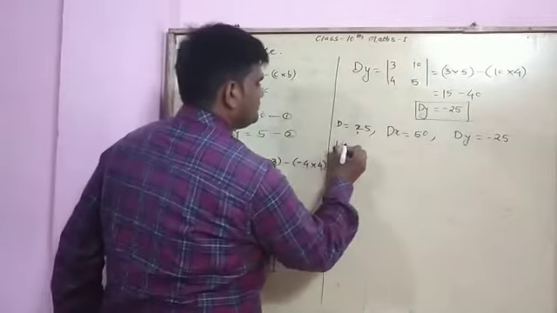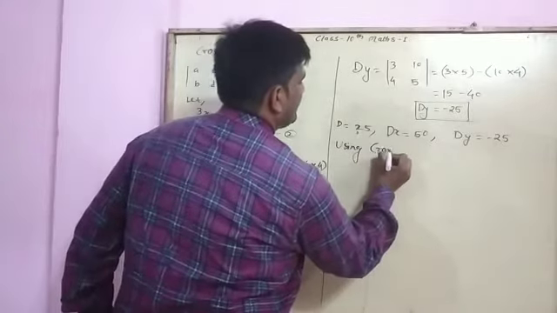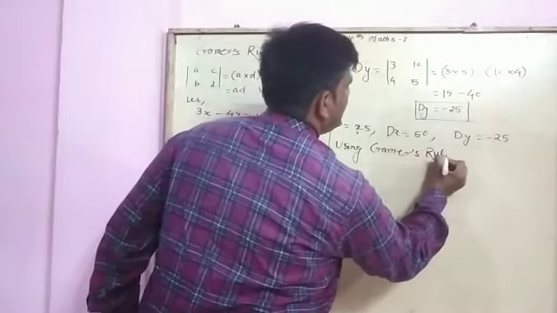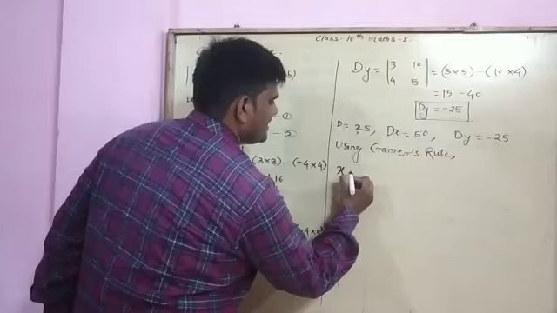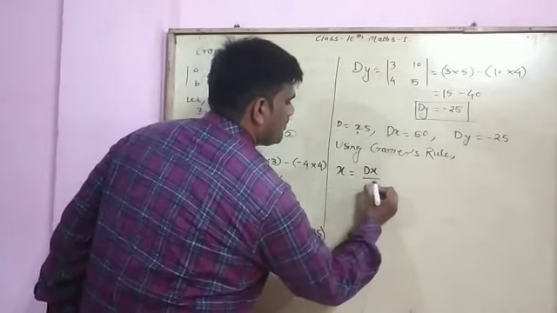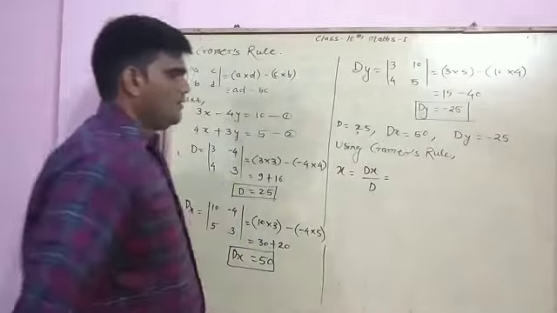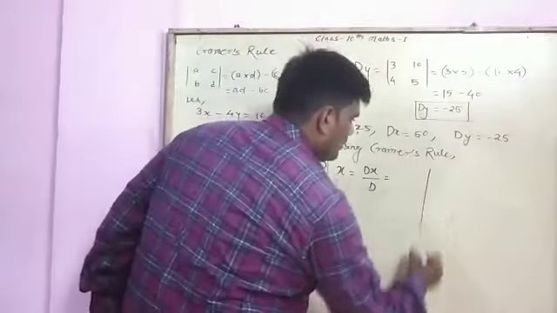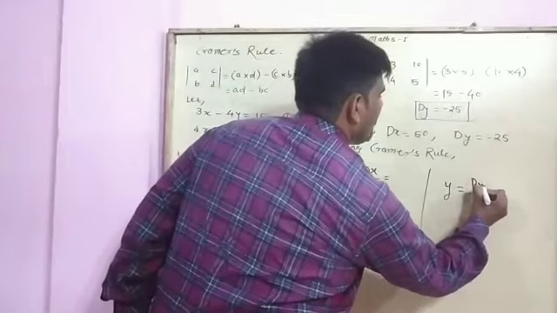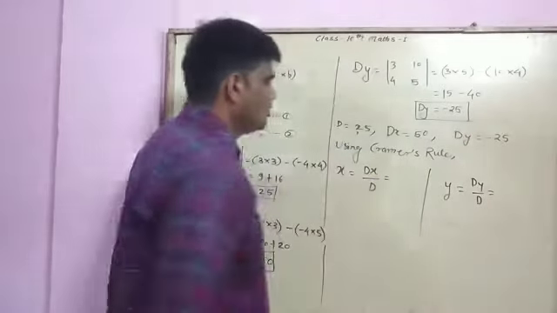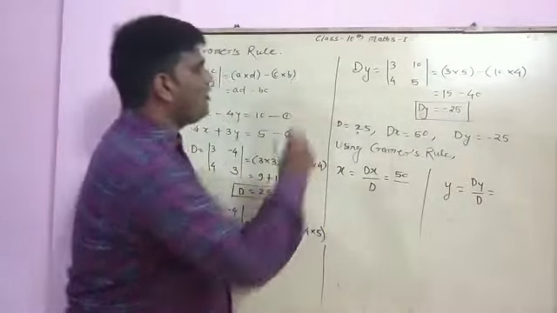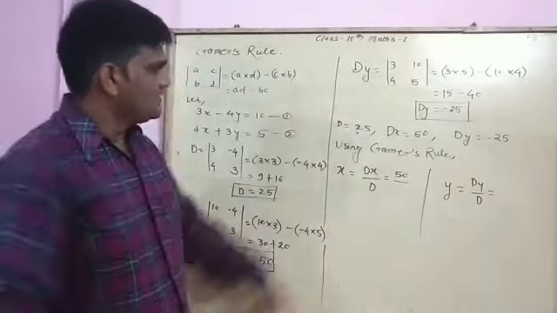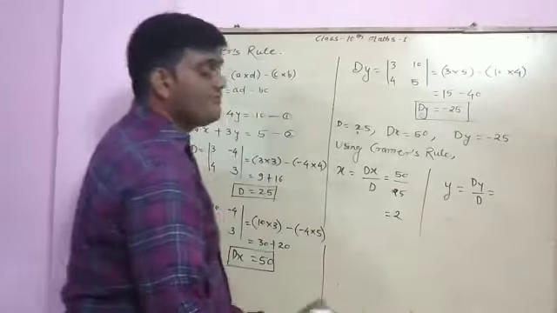Now using Cramer's rule, x equal to Dx upon D and y equal to Dy upon D. So put the value of Dx, that is 50, and the value of D, that is 25. That is 50 upon 25, and 25 2s are 50.